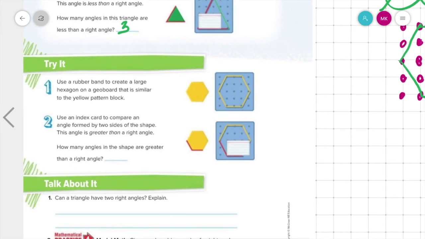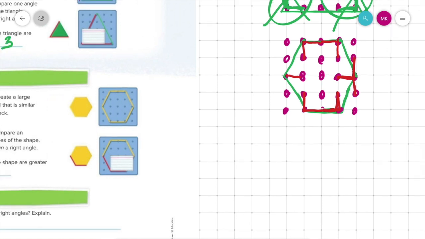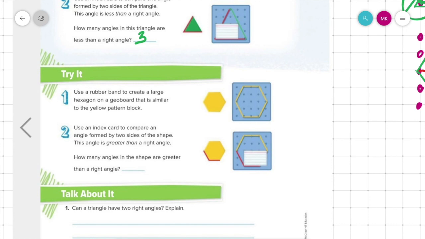Well, we could see that this angle is greater. See, this would be a right angle. I'm going to put our right angles actually. Okay, I'm going to use red to show us what our right angle would be. Our right angle would be here. Our right angle would be here. Our right angle would be here and here and here. How many angles in this shape are greater than a right angle?